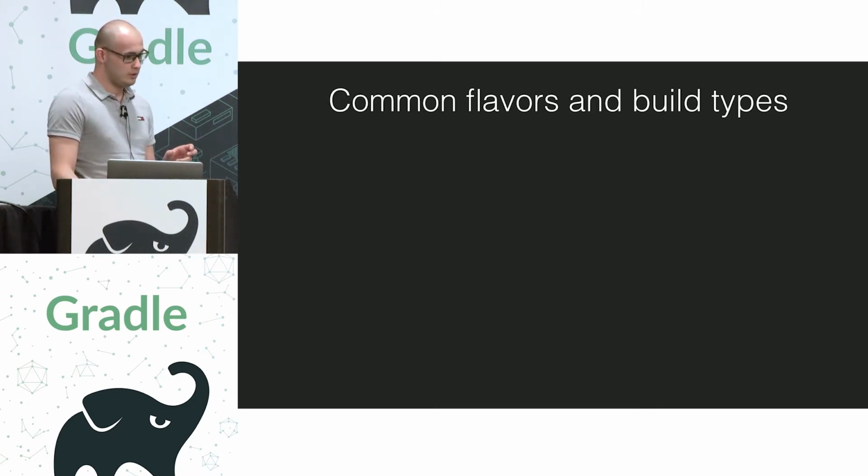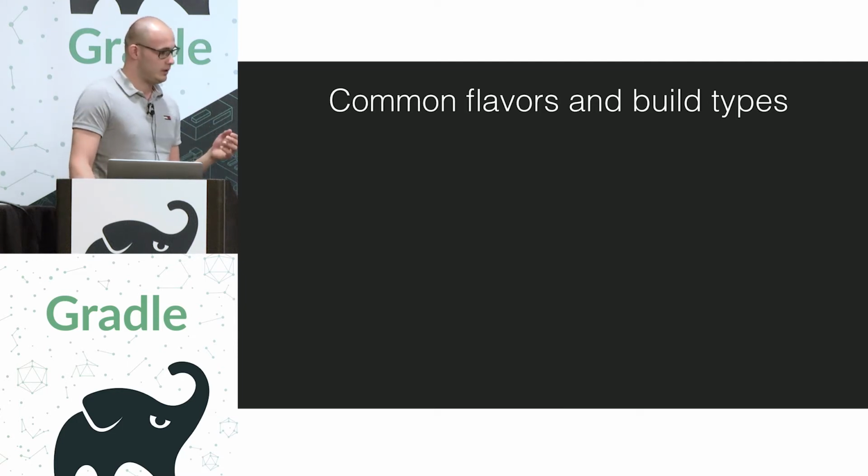In Android plugin 3.0, it changes. And now if you have a flavor and a build type for your application, then for all modules that you add to your application, the flavor and build type of the module will have to match the one from the application, one-to-one.